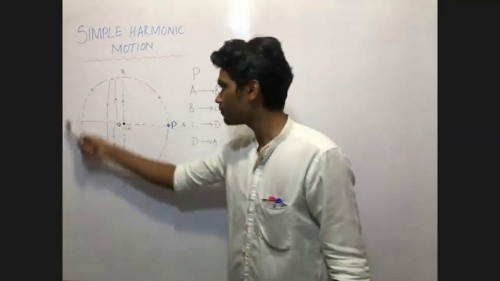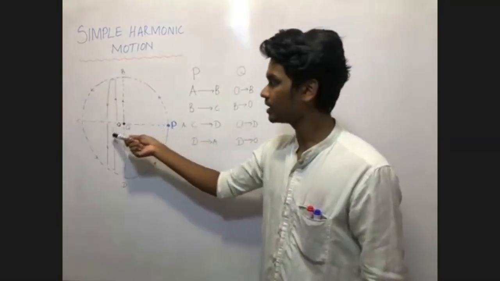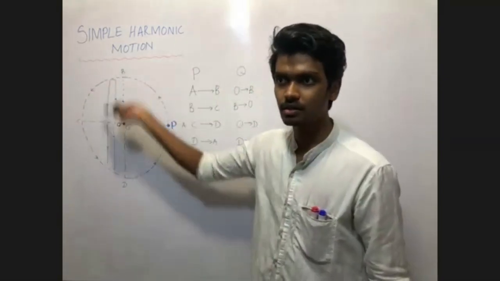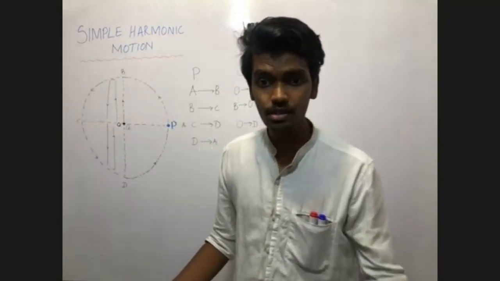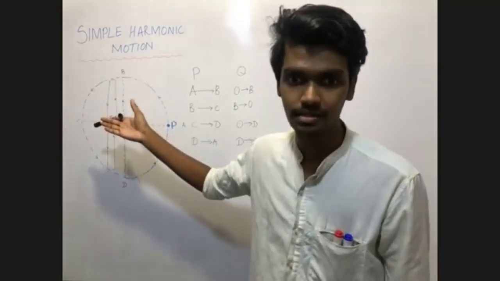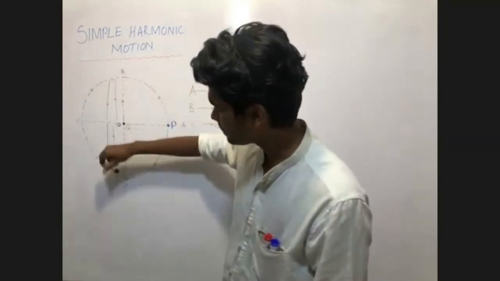So when P performs a circular motion, Q performs an oscillation. The projection performs an oscillation.